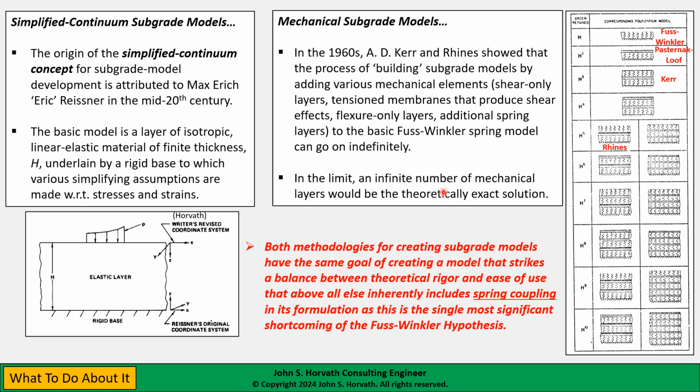Because from a perspective of subgrade reaction, the single most important thing that we want to replicate is that when we push down on the subgrade at some point, we get settlement not just at that point, but at adjacent points as well. So spring coupling is the most important thing we have to incorporate in a subgrade model. It's the single most important thing that the Fuss-Winkler spring hypothesis lacks.